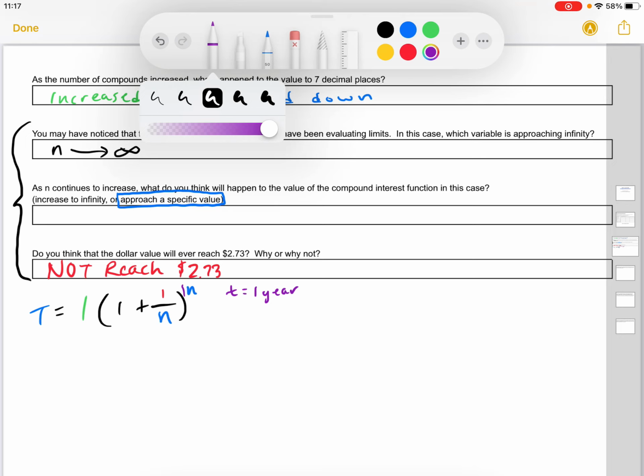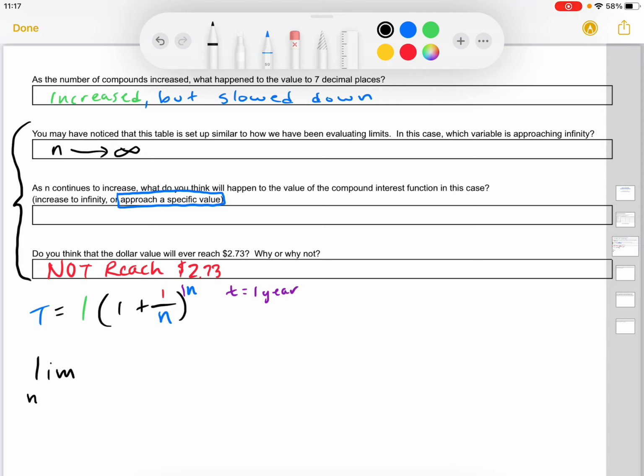So what we're really doing in this whole problem is we are evaluating this limit. So the limit as n approaches infinity of 1 plus 1 over n to the n. I took out the green n there just because it doesn't change the value here, right? Multiplying by 1 doesn't change anything.